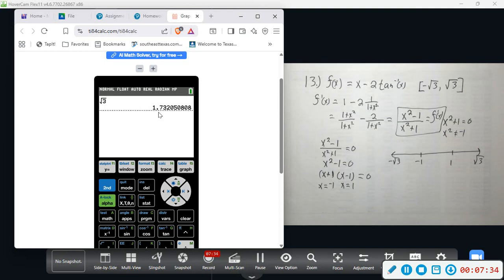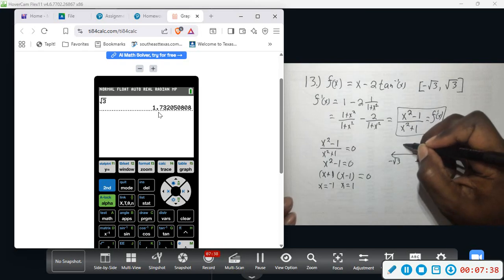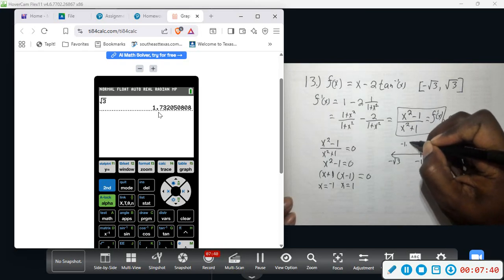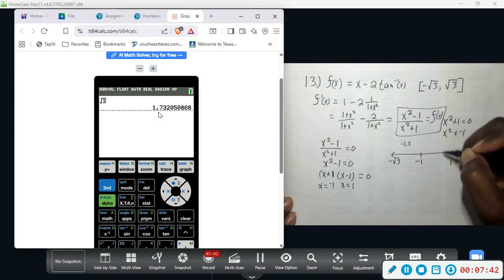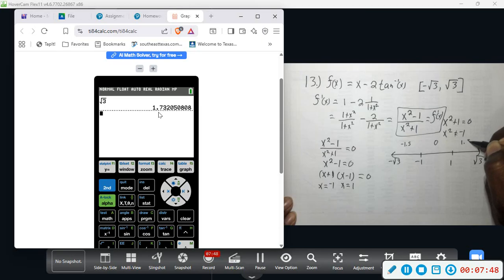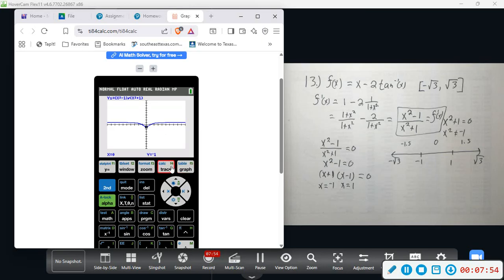So a number between 1.7 and 1, we can just say 1.5. So I'm going to test 1.5 between these two numbers. I can type 0 and then a positive 1.5. All right, go back to graph. I'm going to click trace and I'll just try these numbers. So negative 1.5.